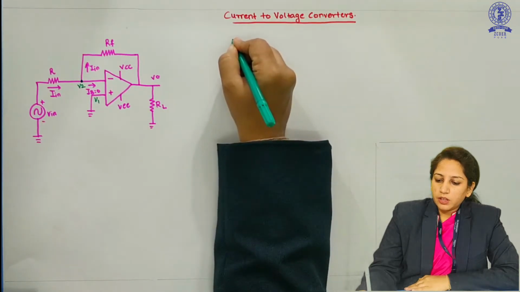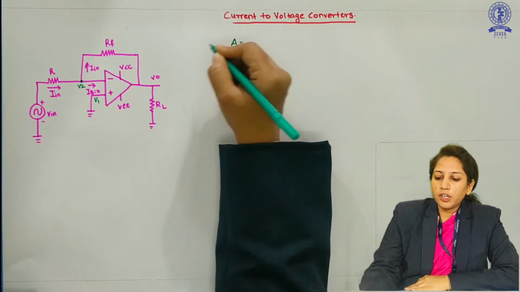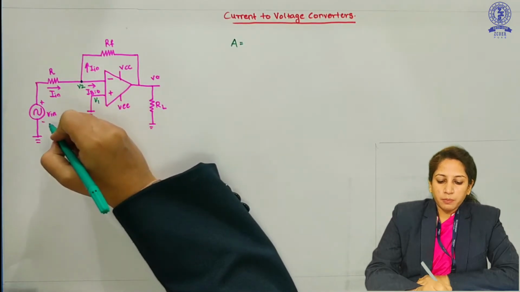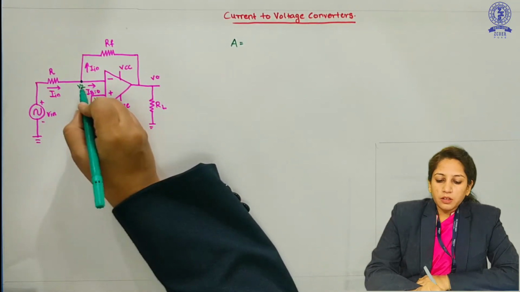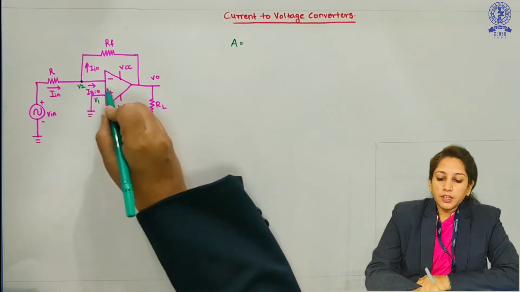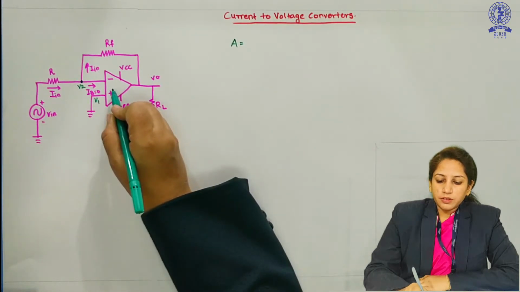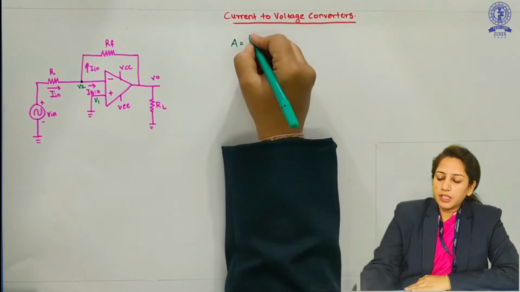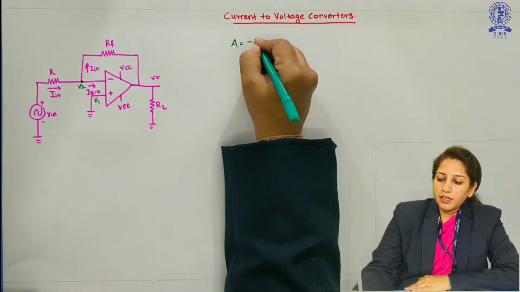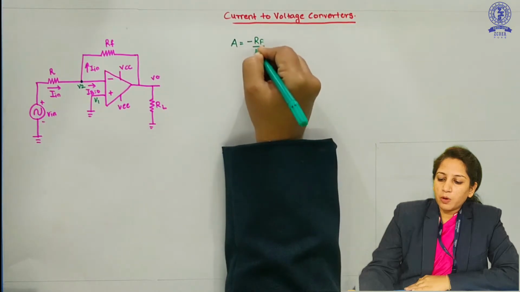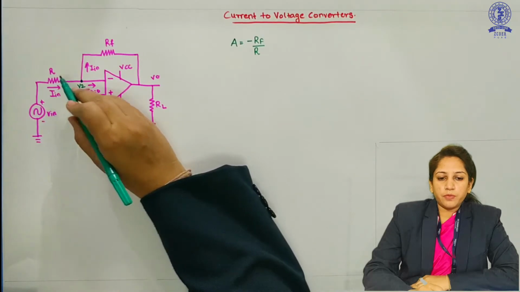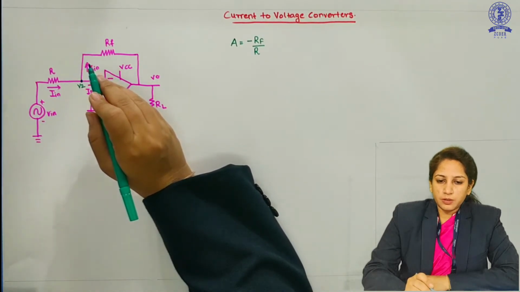As I have told, this is an inverting operational amplifier, and for an inverting amplifier our gain is minus RF upon R. This is RF and this is R, the input resistance.